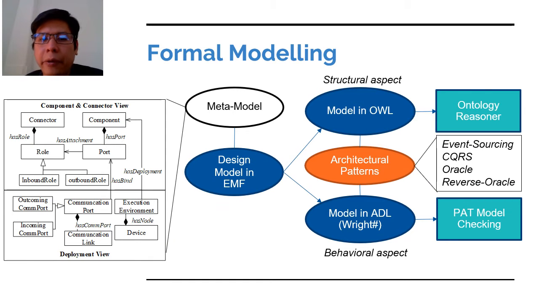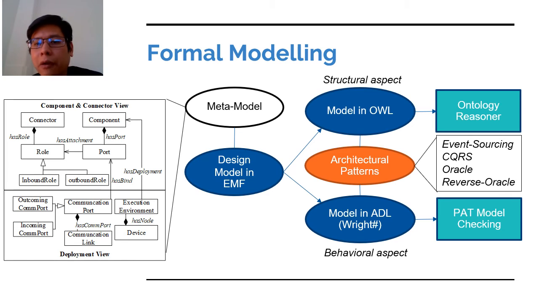To support the migration, we formally define a model to describe both structure and behavior of the software architecture design. We develop our modeling based on EMF, Eclipse Modeling Framework, which will help us to describe the design in component and connector view and deployment view, which represent logical and physical architecture design.